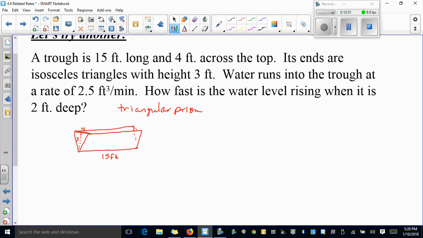We don't really need the volume, but we do need dV/dt, which is going to be 2.5 cubic feet per minute. Okay, B is going to be the base of the triangle.